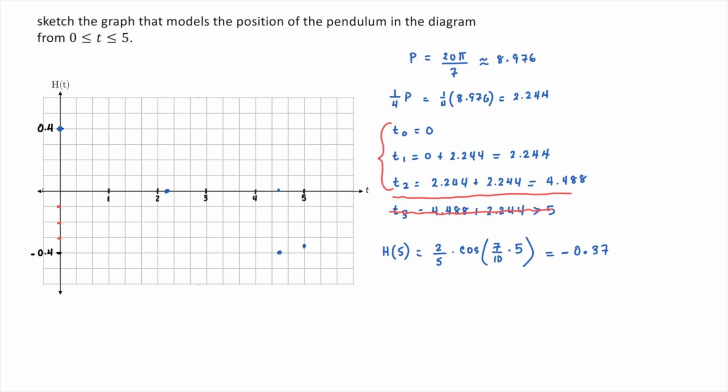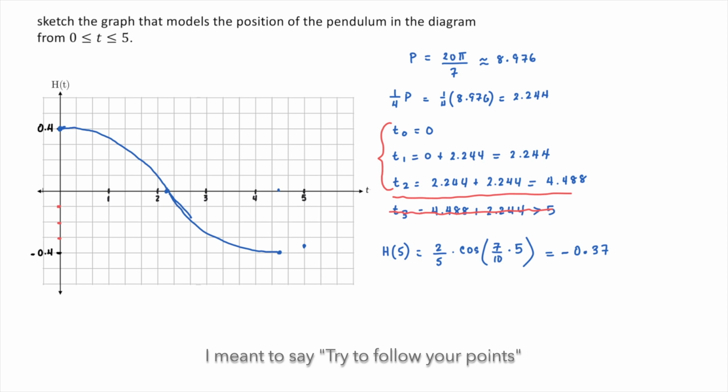All right, so plotting that point, we're going to go ahead and put it somewhere here. So then now joining the points that we have with a smooth curve, and sometimes this is the challenging part, especially with points that are so spread out. Let me try that again. Right here. It doesn't have to be perfect, but make sure that you try to follow your curves as much as possible.